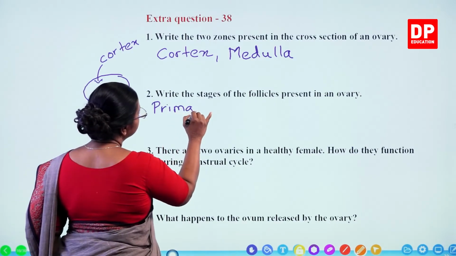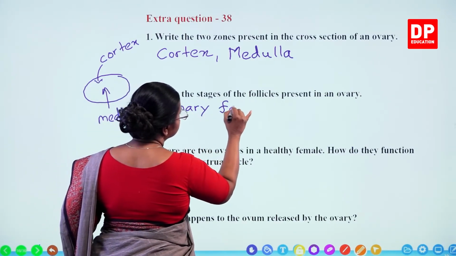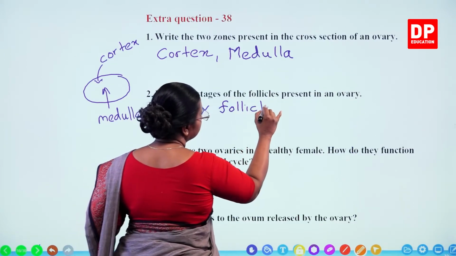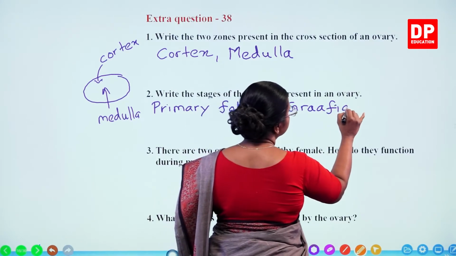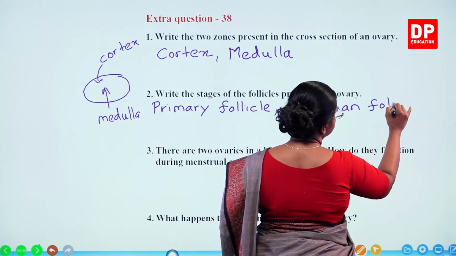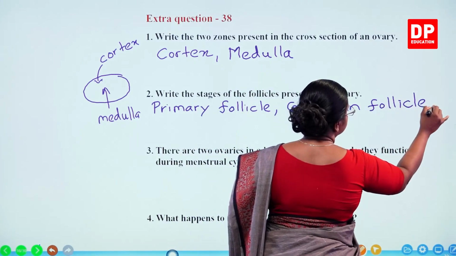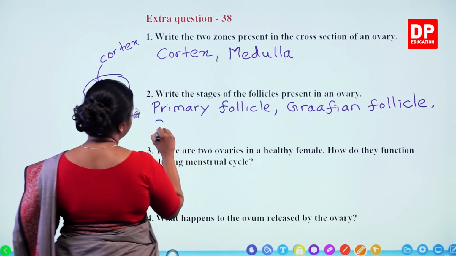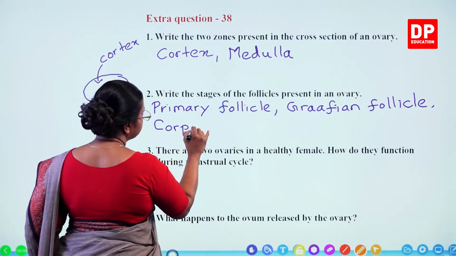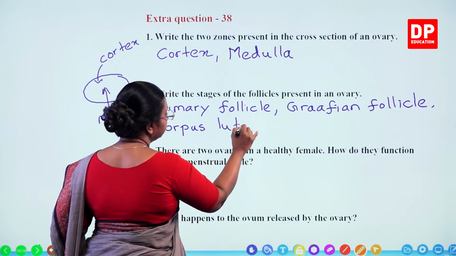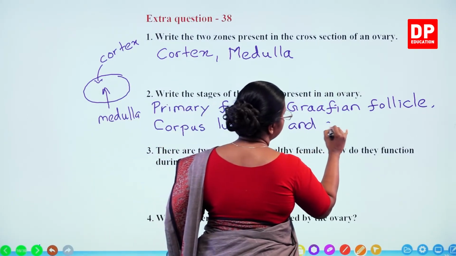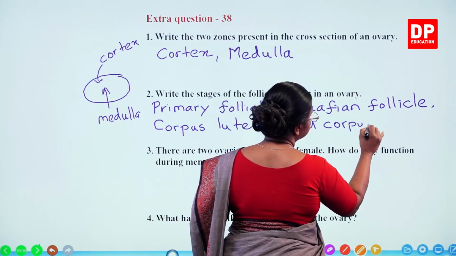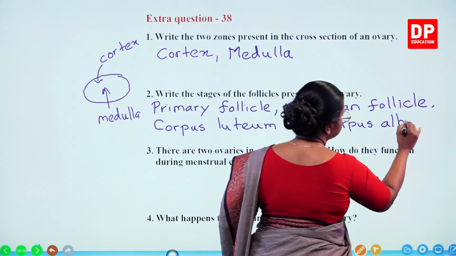Primary follicle, then we have the Graafian follicle, then we have corpus luteum and corpus albicans.